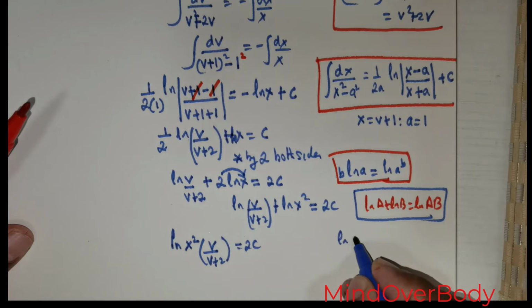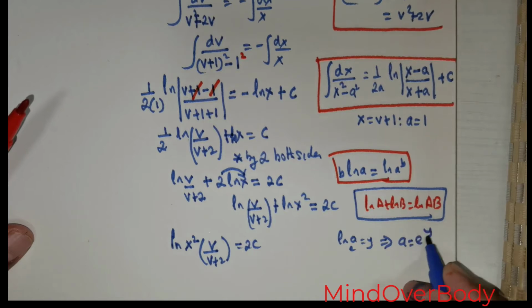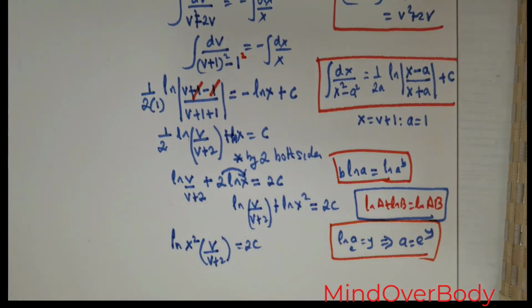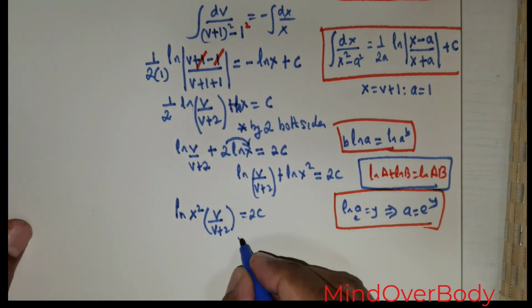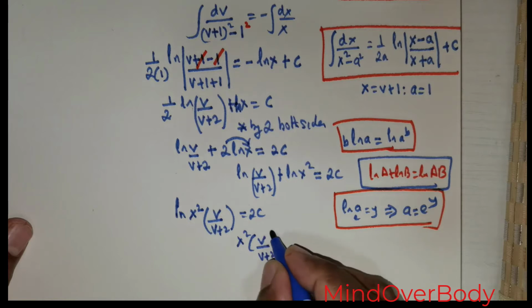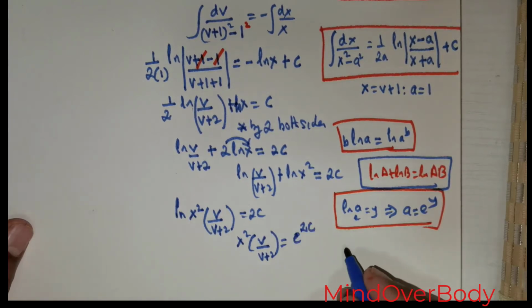I'm going to use this formula, ln a to the base e, if it is equal to y, then I can write a is equal to e raised to the power of y. So by that formula, this is going to be x squared times v over v positive 2 is equal to e raised to the power of 2 times c.